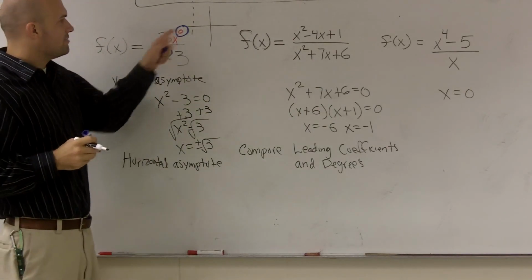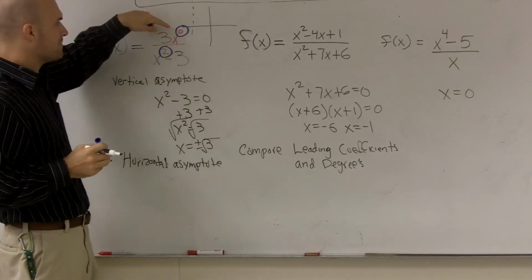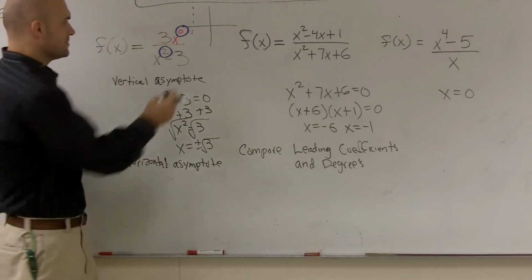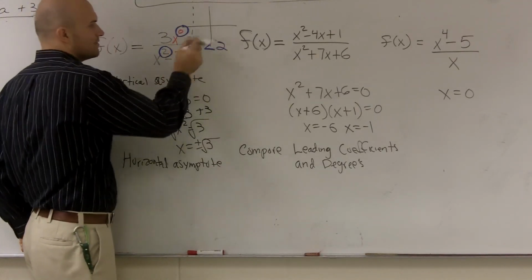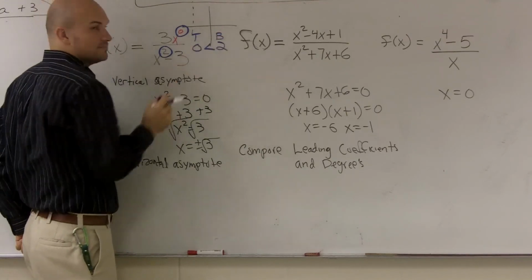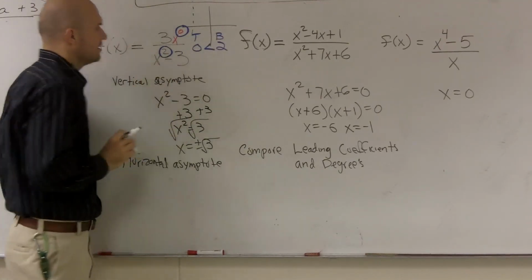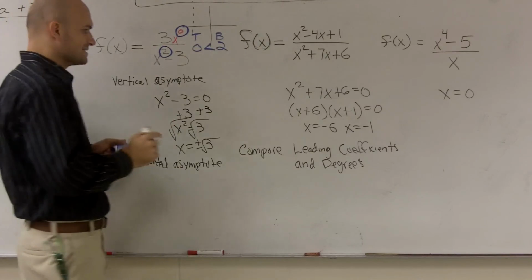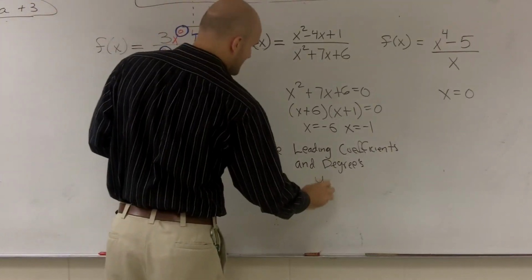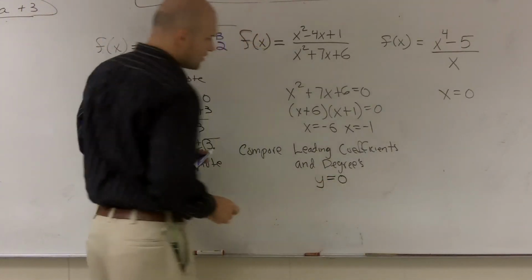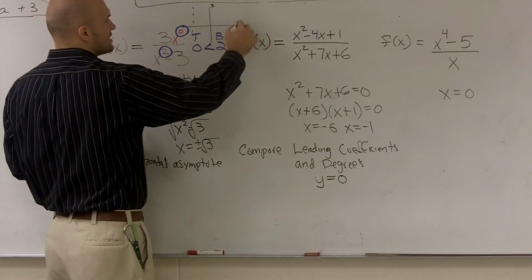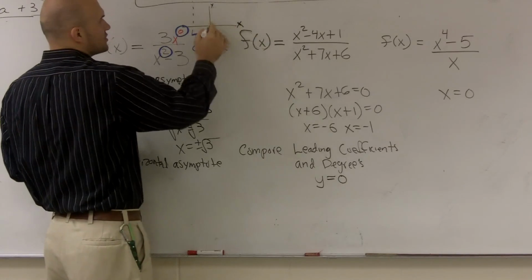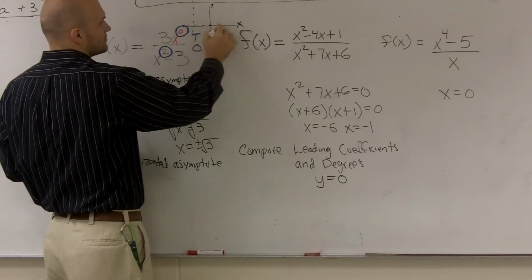When my degree up top is less than the bottom, so when 0 is less than 2, my horizontal asymptote is going to be y equals 0. I'm saying y because this is your y-axis and that's your x-axis. So my y value is going to equal 0.